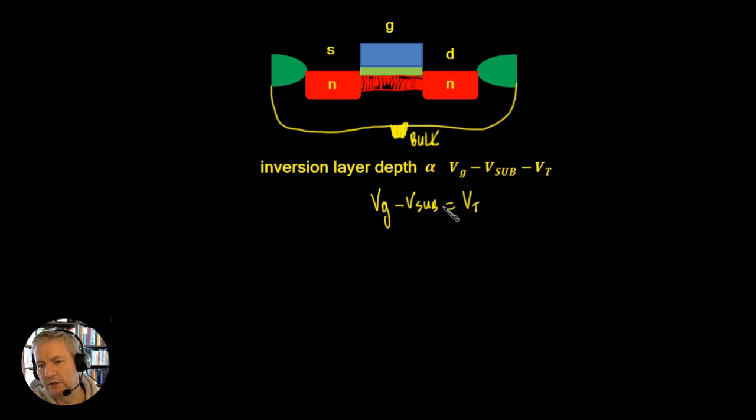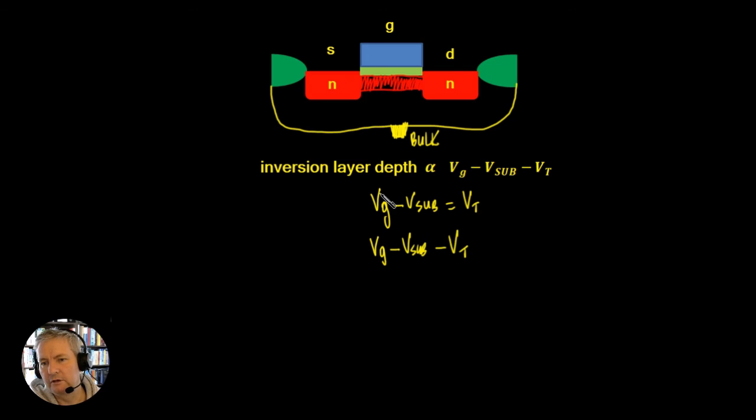But we can rewrite this equation again as VG minus V sub. And notice that VT is a fixed value, it's just a number. So we could bring it over to the other side, we could have a minus VT.